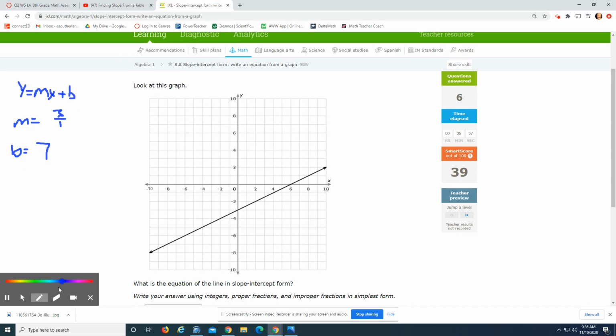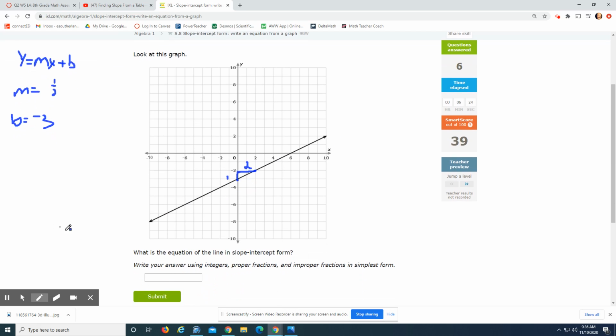Now we're at a point where there's 4 grids, not a big deal. We still do the same thing. Where does it cross the y-axis at? That's where we start at. So right here it crosses at negative 3. And then we can see it crosses again right there. It rises 1 and runs 2. And so 1 over 2. And then left to right it's going up, so it's still positive.